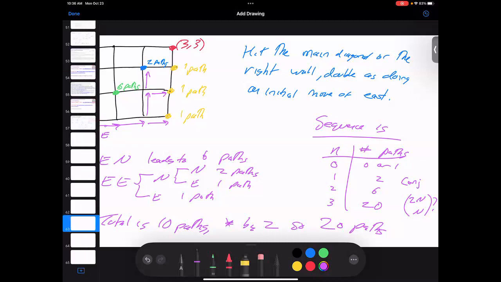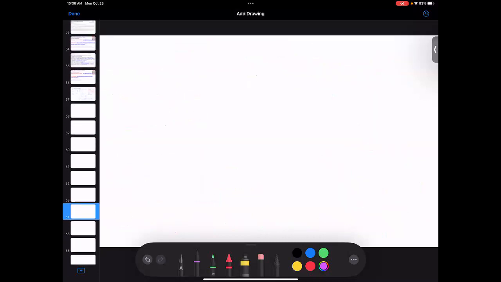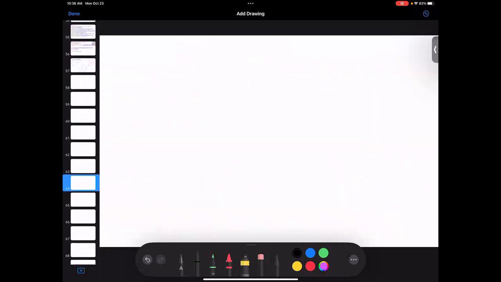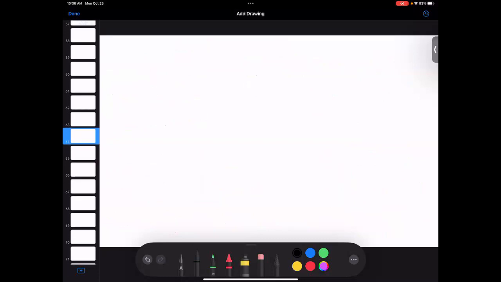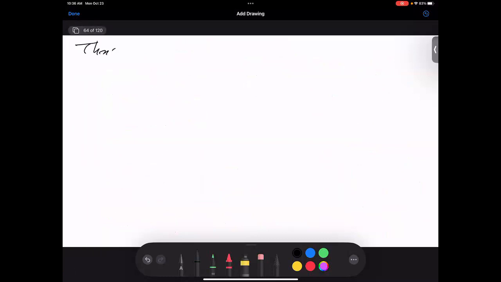Seems very reasonable. And so let's prove it. Theorem. Number of paths from 0, 0 to n, n moving east or north is 2n choose n.